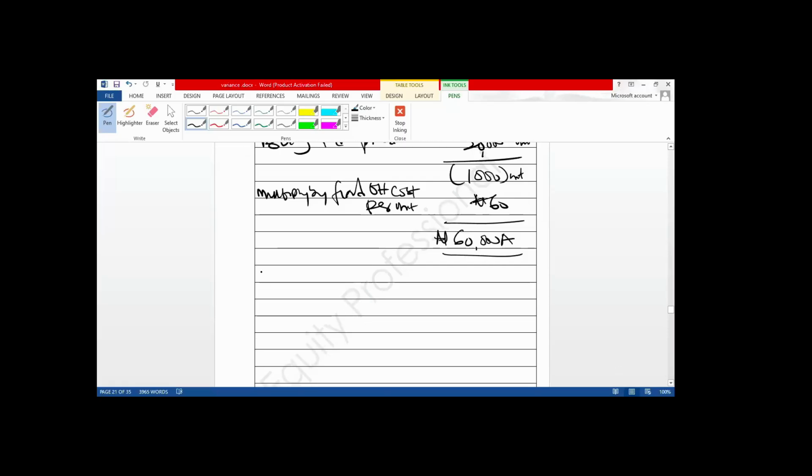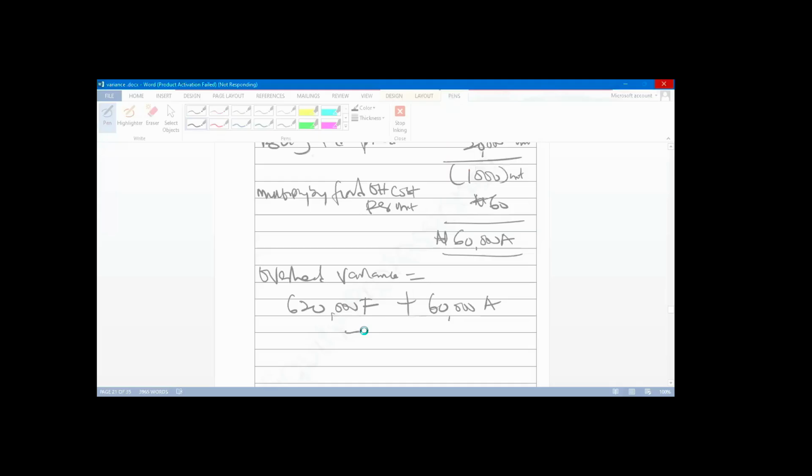Therefore, my overhead variance is equal to expenditure plus volume. 620 favorable plus 60,000 adverse. Final answer, 560 favorable.